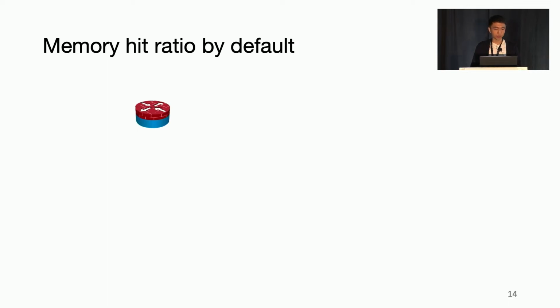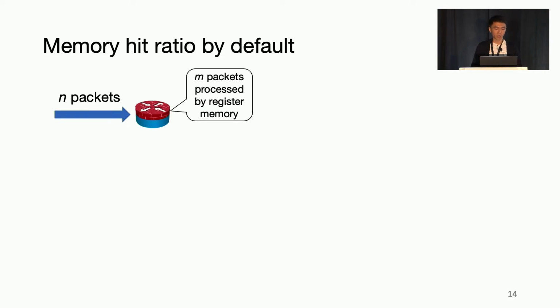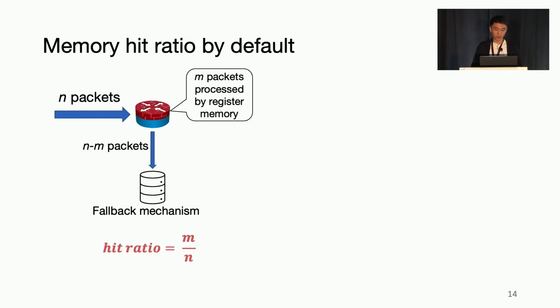As the figure shows, we have n packets, and m packets are processed by the register memory. Then n minus m packets will turn to the fallback mechanism, such as a backend server. Then the hit ratio can be calculated as m divided by n.